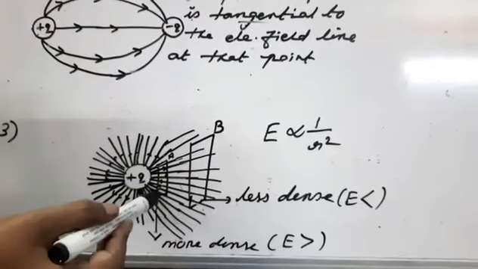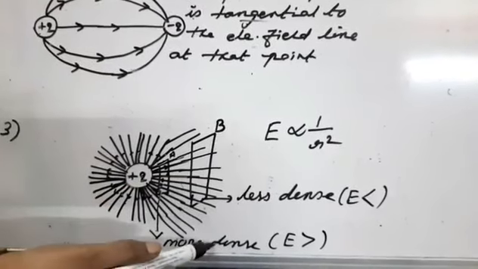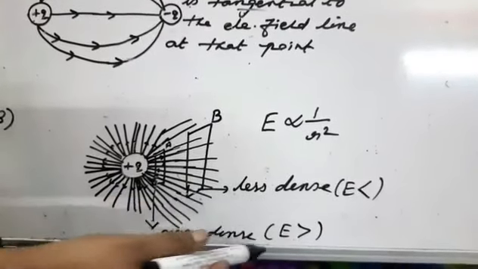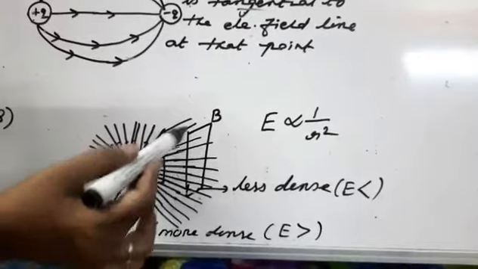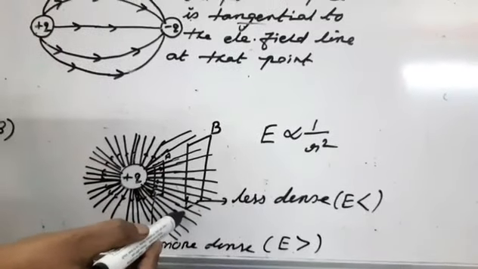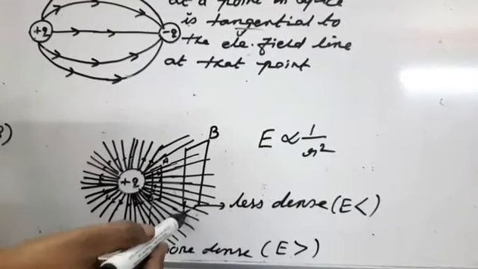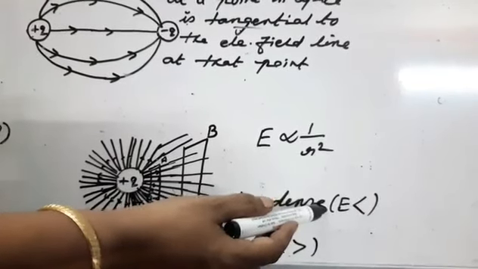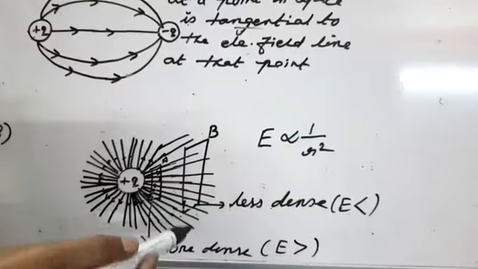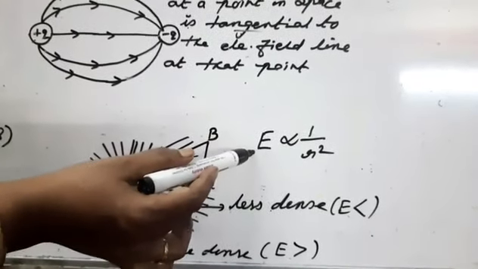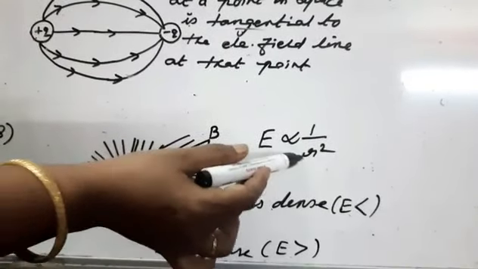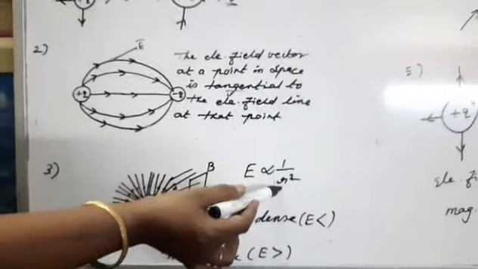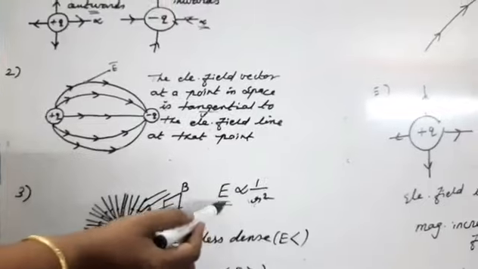That means the surface near the charge has denser lines. Therefore, the electric field is larger, that is, the magnitude of the electric field is larger. But for the surface away from the charge, the lines are less dense, therefore the electric field has lesser magnitude. So we know that the electric field is inversely proportional to the square of the distance. So when the distance increases, the electric field decreases.